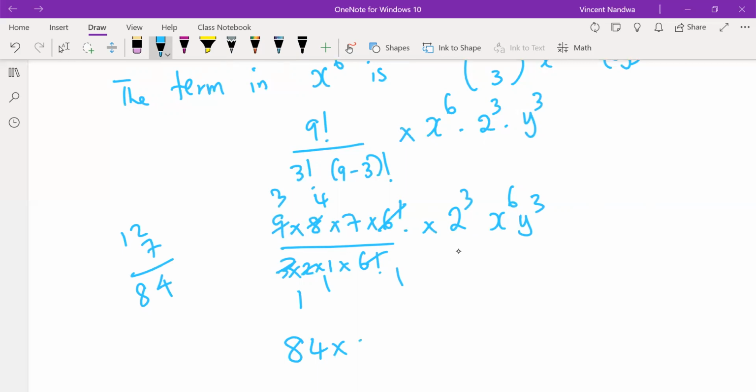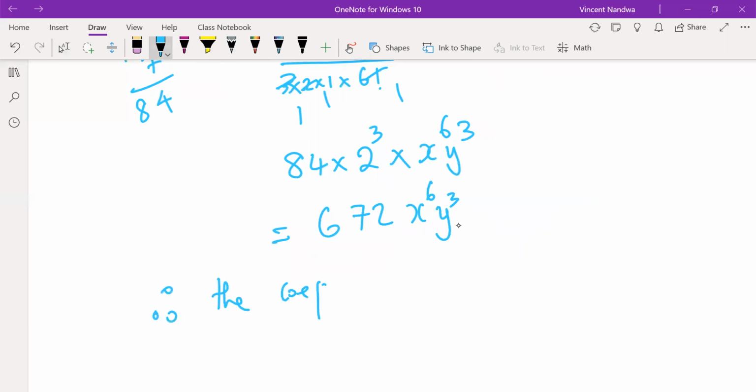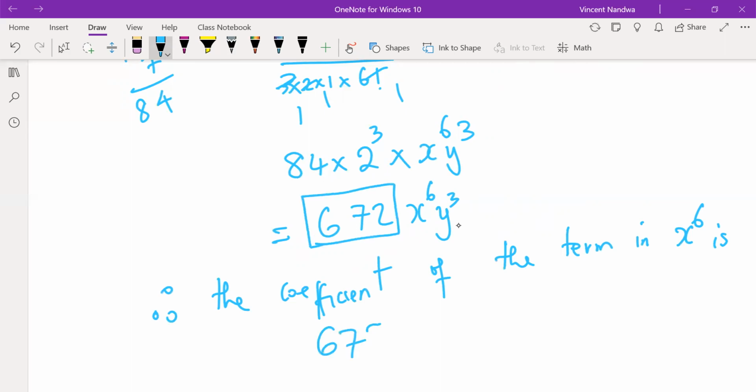We have 84 times 2^3 x^6 y^3, and 84 times 8 gives 672 x^6 y^3. Therefore the coefficient of the term in x^6 is 672.